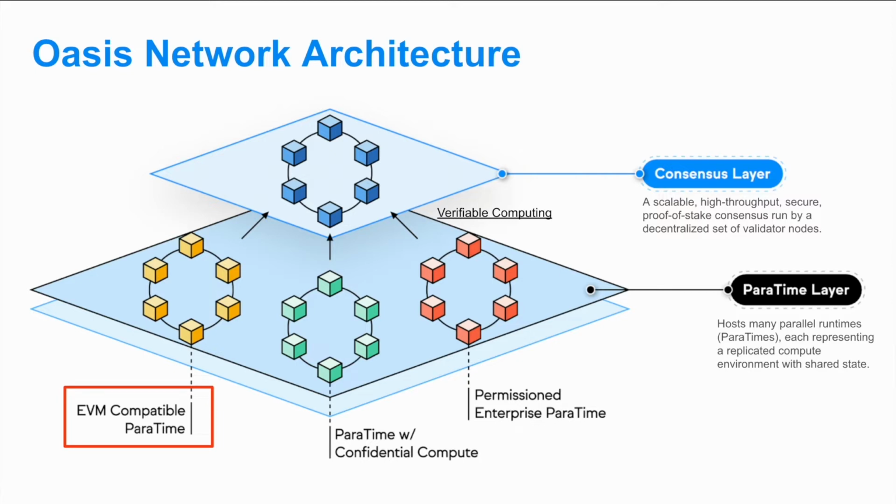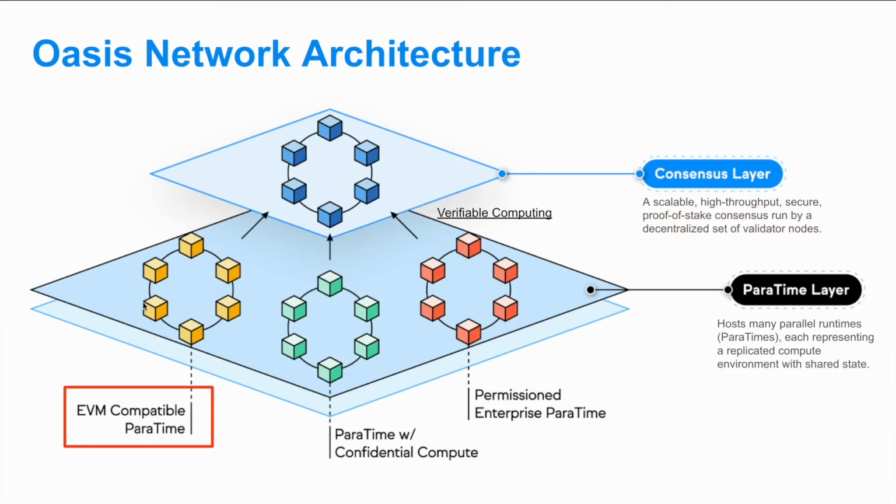To make that clear, we have a consensus layer which is scalable and robust, and it does not really support smart contracts because we want to keep it secure and have high throughput. That's why we have a clean, robust consensus layer 1, isolated from all other computing.